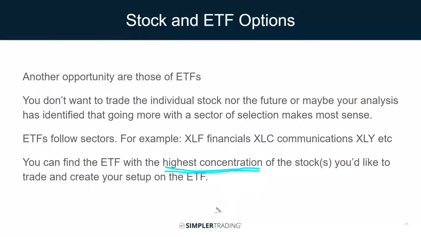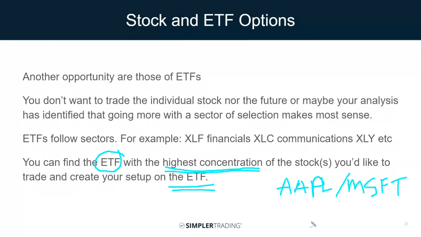A lot of people underestimate the power of high concentration weighted ETFs in this market. So you can find the ETFs with the highest concentration, and then you can set your trade up on that ETF. For example, let's say you like Apple and Microsoft on any particular day. For a lot of traders, trading both might be cost prohibitive or even too risky.